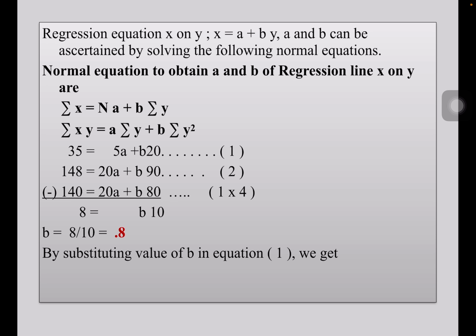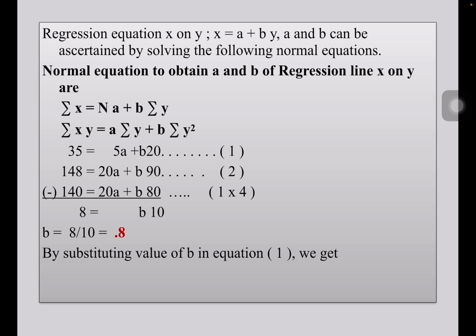Now, you know how to solve the equations. We have to make at least one of them equal, like a or b, so that we can cancel easily. So, if you multiply equation 1 with 4, you will get 140 equal to 20a plus 80b. Now, while subtracting, all the positives become negatives.